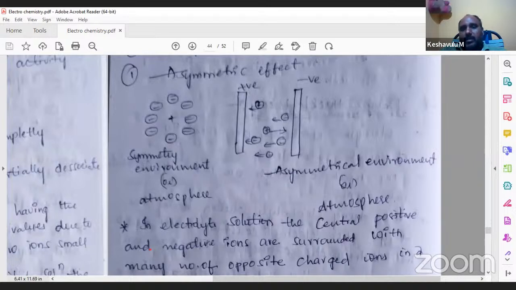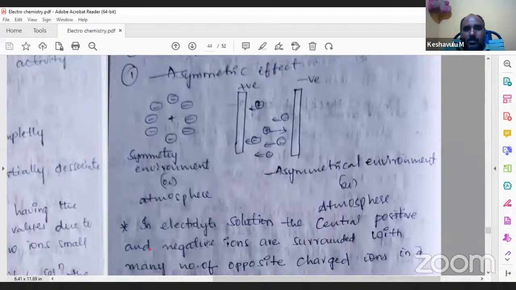The interionic effect can be explained with the help of two effects. One is the asymmetric effect and the other is the electrophoretic effect. What is the asymmetric effect? We are going to see.